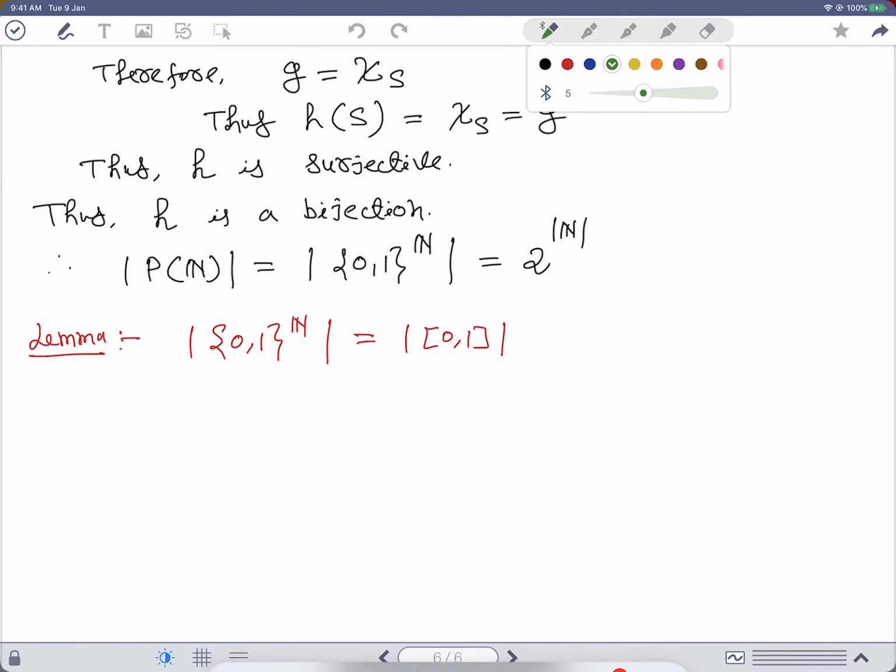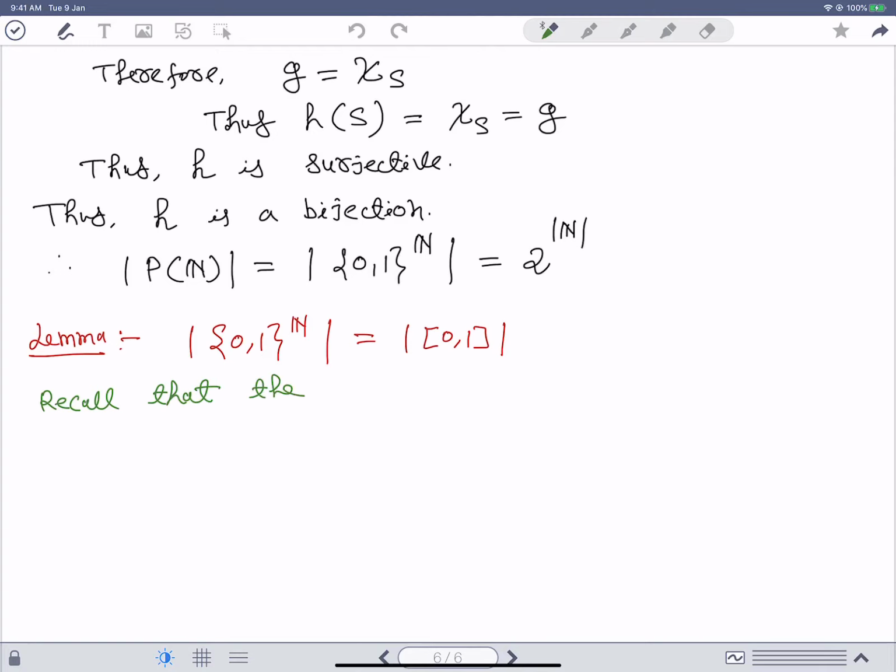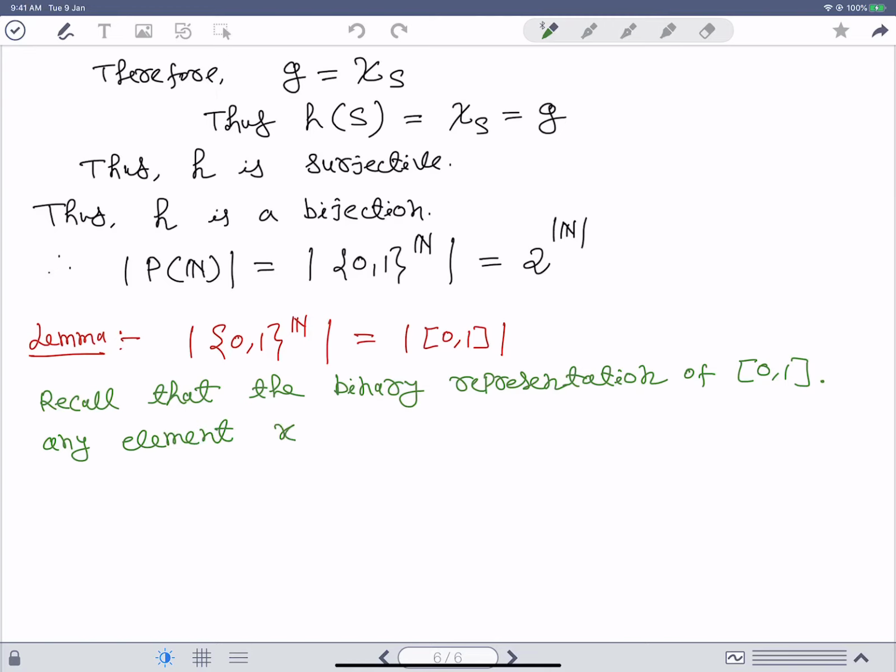Now first we recall the binary representation of [0, 1]. So we know that any element x belongs to [0, 1].